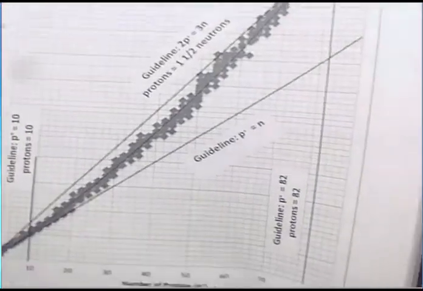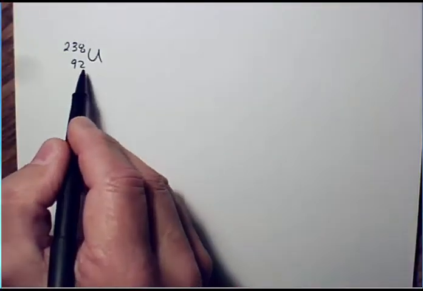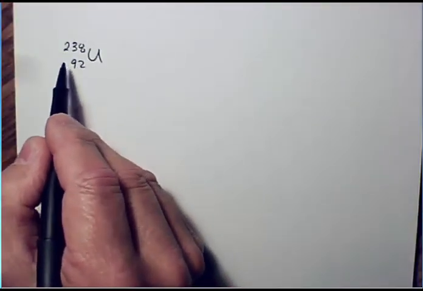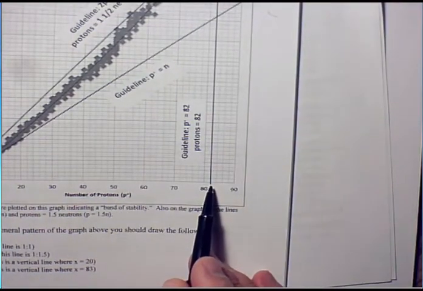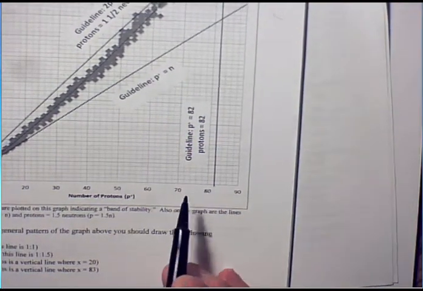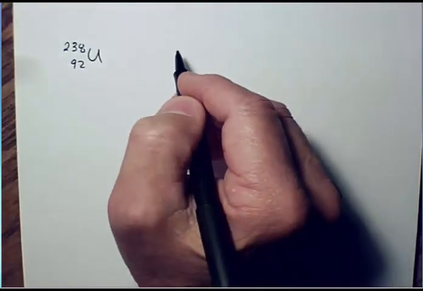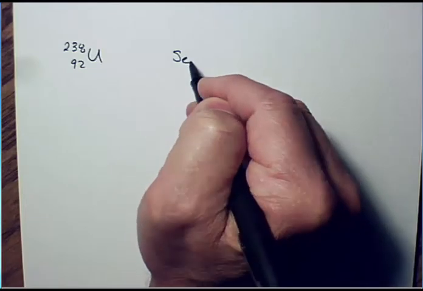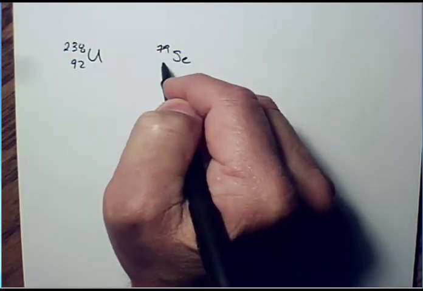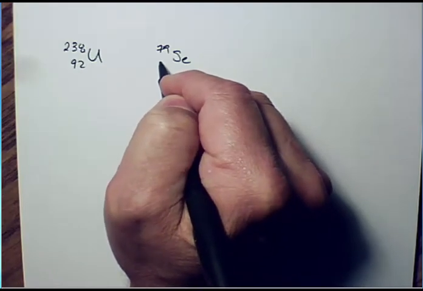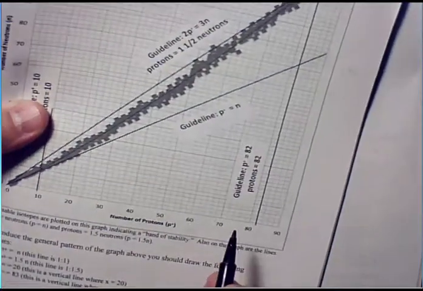If you're looking on this on the band of stability, yes, but the thing to remember is uranium has an atomic number of 92, and the stable isotopes only go up to 82. So this would not be on here. If we were using, say, selenium-79, and selenium has atomic number 34, well, that would be on here.